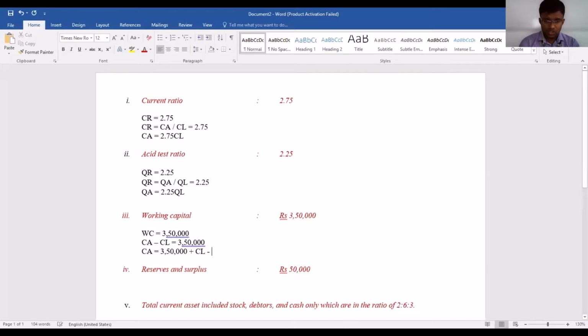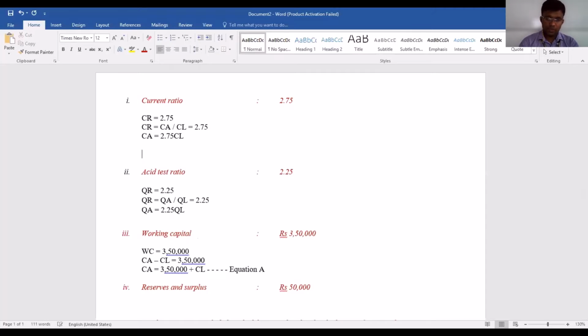Let us assume this to be equation A. Now we are going to take equation A and substitute over here.